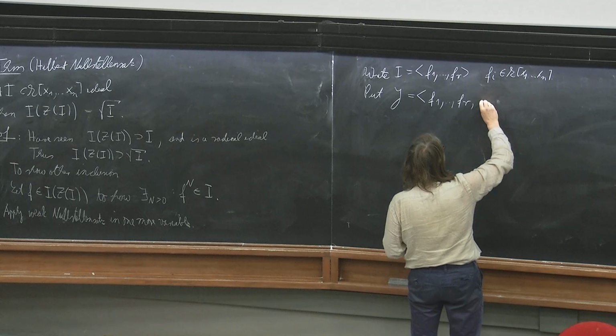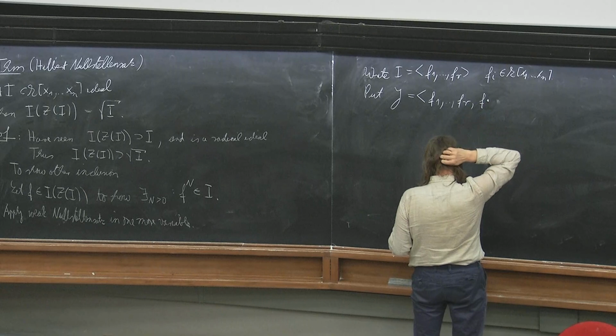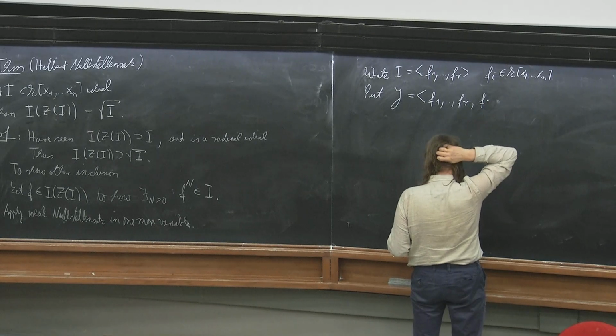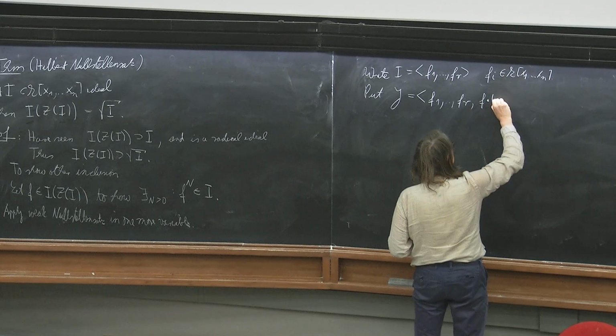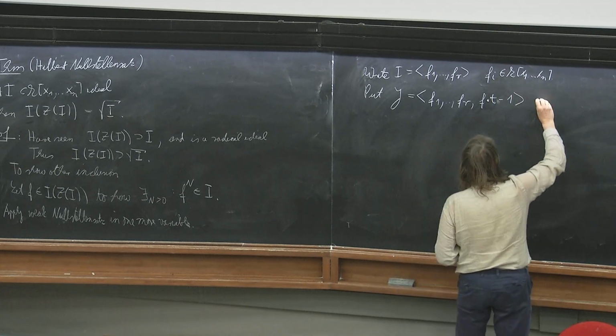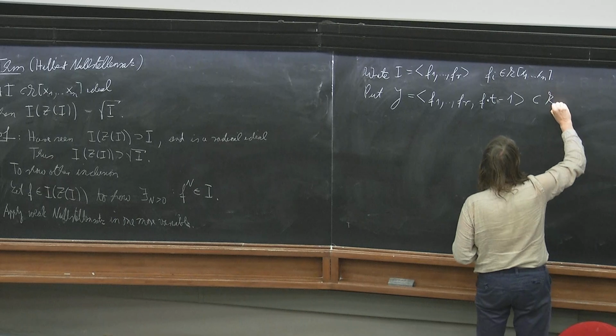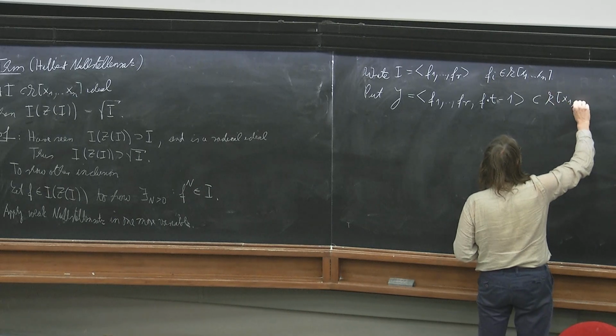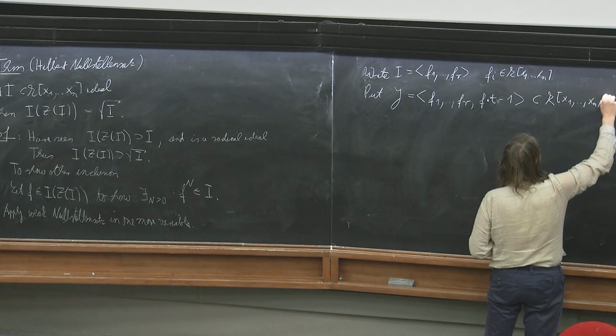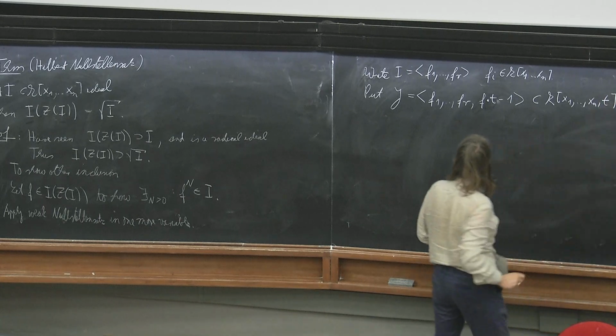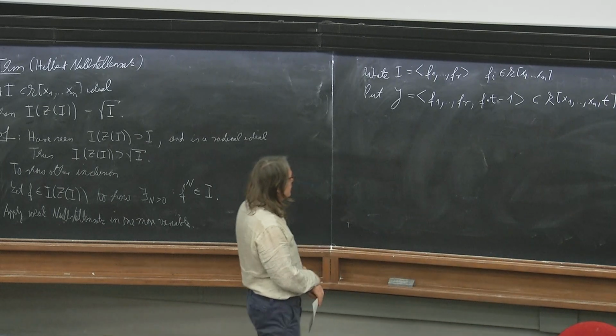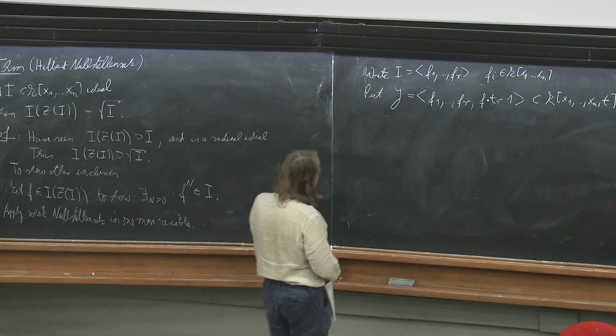I call this f times t minus 1. This is supposed to be an ideal in the polynomial ring in n plus 1 variables x1 to xn, t.